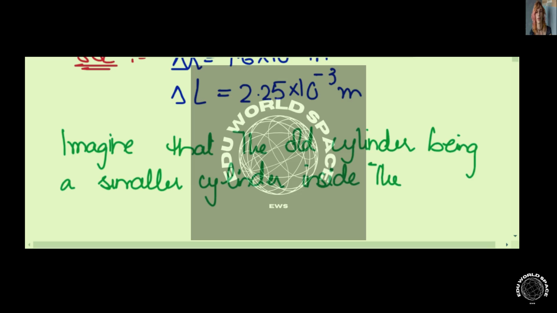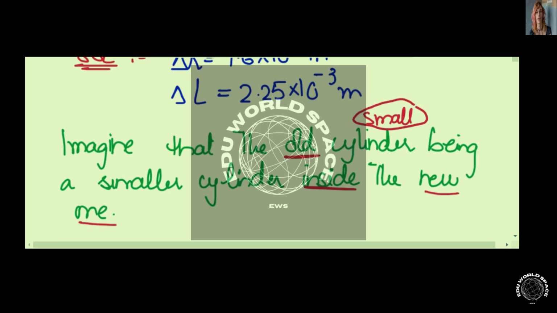What I'm trying to say over here is that you need to imagine that the old cylinder is inside the new cylinder, and it's small. You need to imagine that the old cylinder is the smaller one inside a new big cylinder.